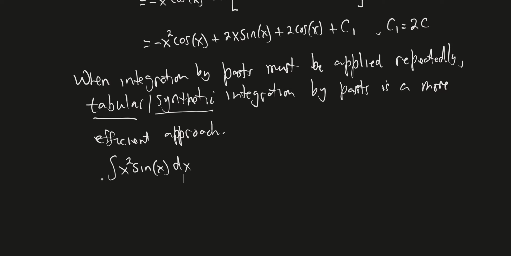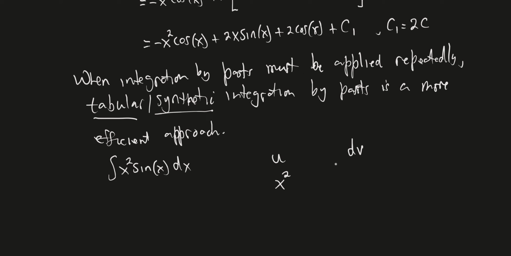The table is going to have headers: one column represents u, and the other represents dv. Based on our acronym LIATE, we would start with x squared as u, and by default the trig function times the dx would be the dv.